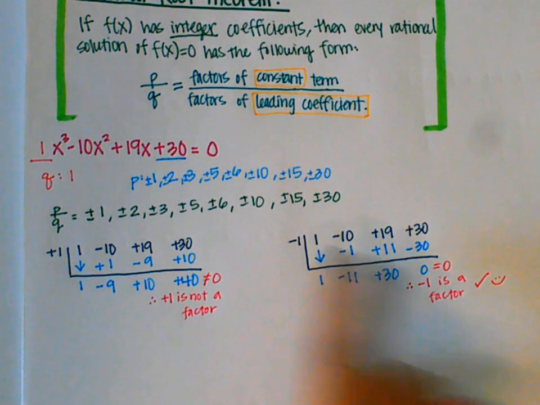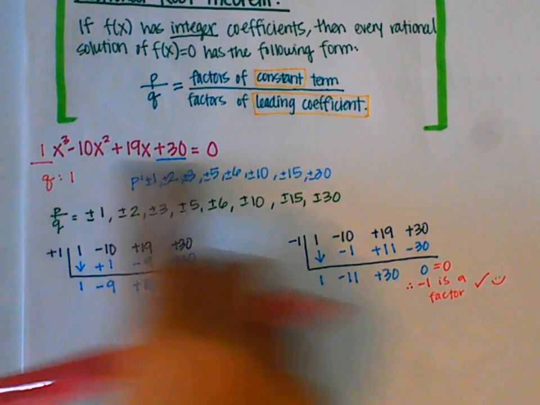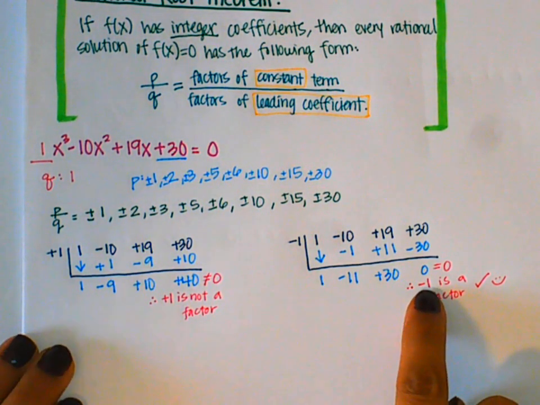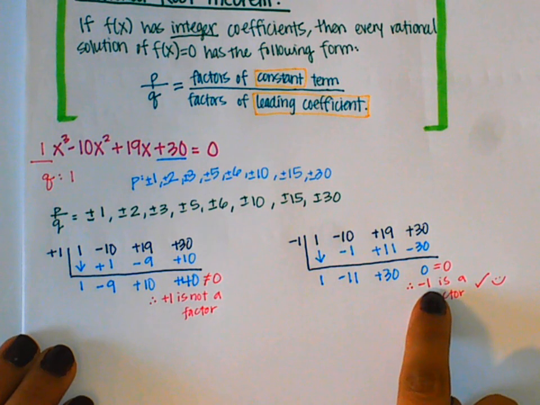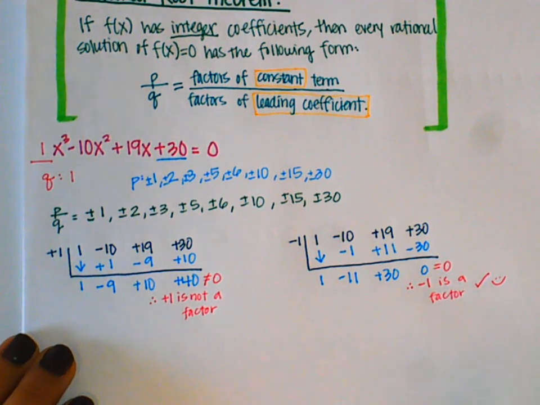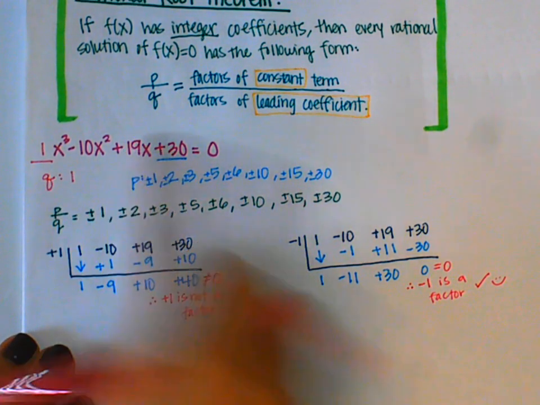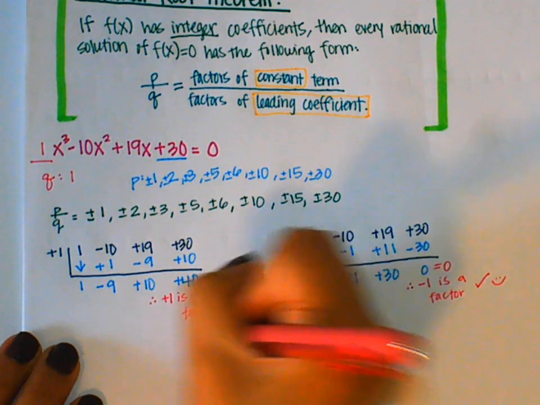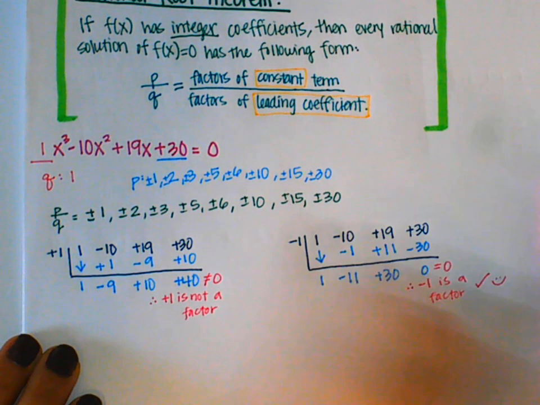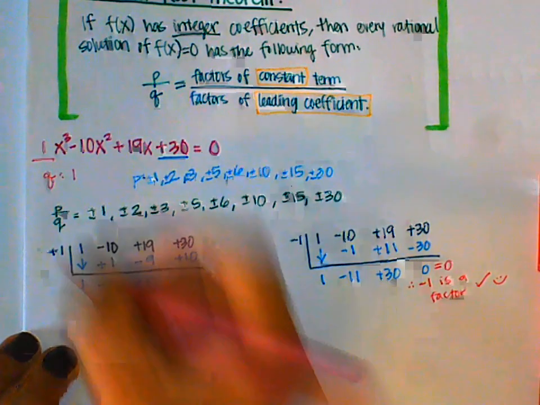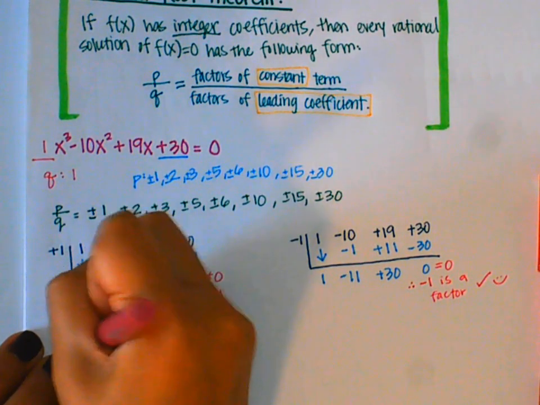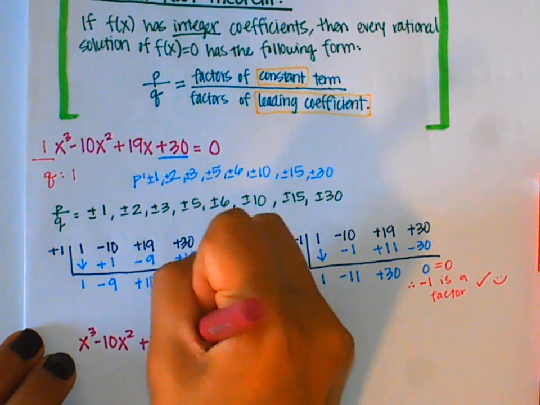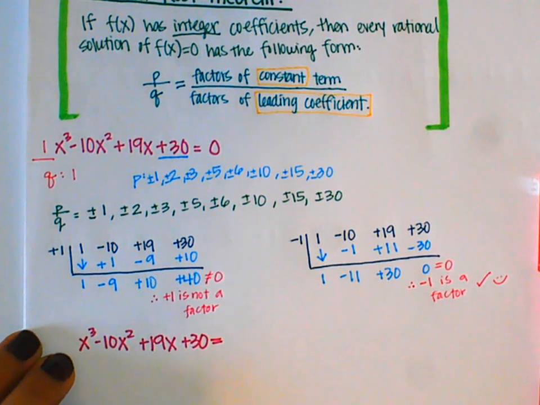So now I can rewrite this equation up here using what I got. Since I know that -1 is a factor, I'm going to turn that into my binomial. So here's my original, and I can simplify that.